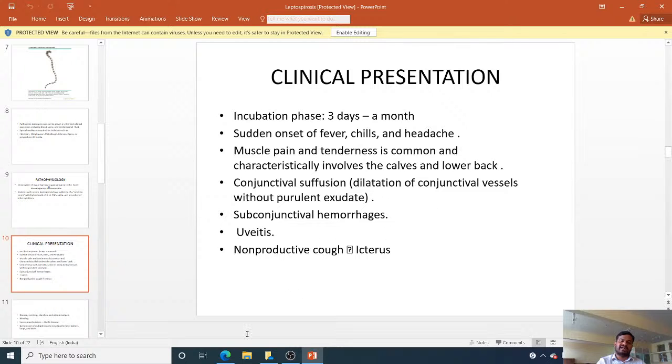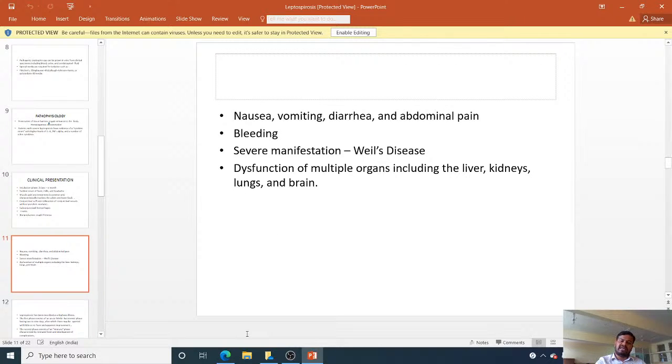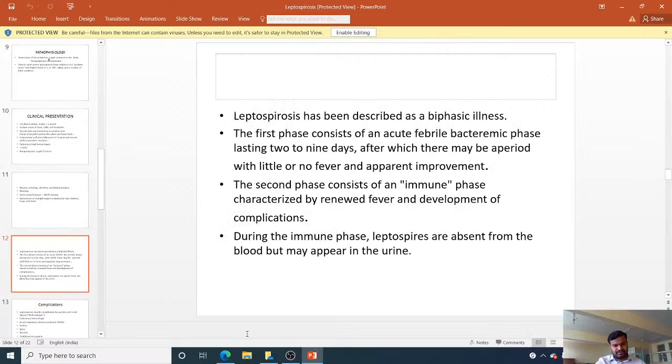Features include fever, chills, headache, muscle pain, tenderness, conjunctival suffusion, subconjunctival hemorrhages, uveitis, non-productive cough, icterus, nausea, vomiting, diarrhea, abdominal pain, bleeding manifestations, and multiple organ dysfunction. It is also a biphasic illness with two phases: the febrile phase and the immune phase.